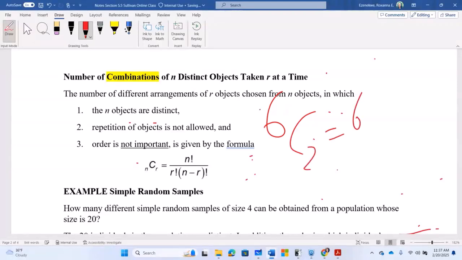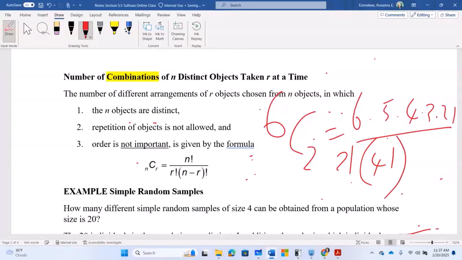I can do it by hand. 6 times 5 times 4 times 3 times 2 times 1, and then 2 factorial right here, multiplied by 6 minus 2, which is 4 factorial. I know that 4 factorial can cancel from here, and 2 going into 6 is 3.